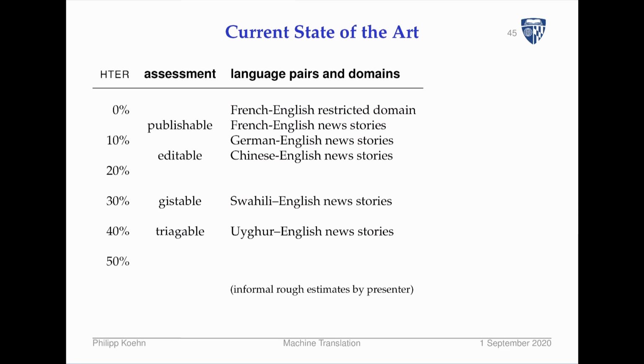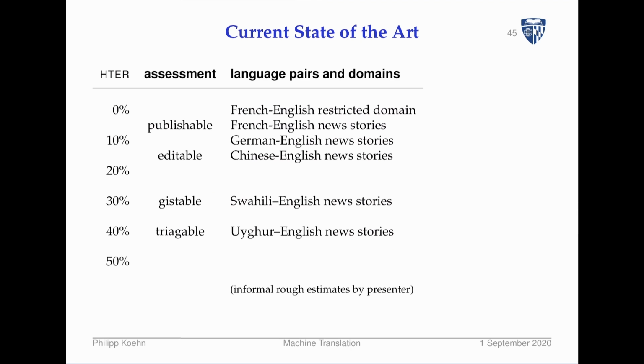So this is the current state of the art. Again, this is completely made up. I'm just giving you some sense of where we are. I would say for restricted domain French-English, you can probably do zero-error translations. If you collected a large corpus of weather forecasts where they actually stick to the weather and don't give you any vacation advice or other anecdotes, it can probably do pretty perfectly with that.